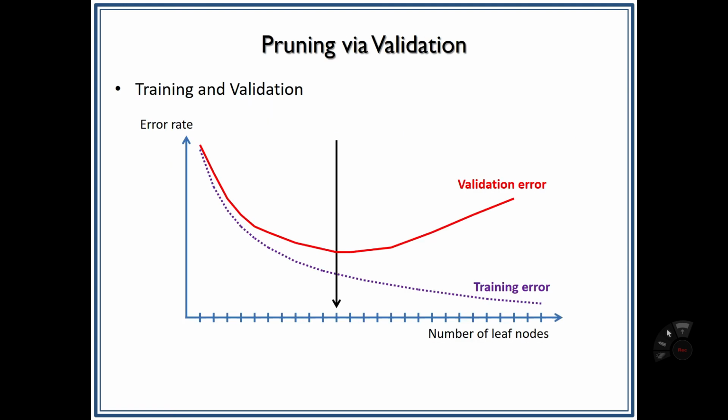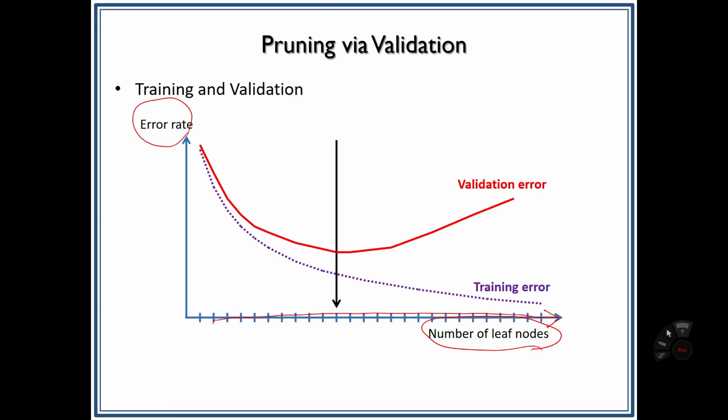So now let's take a look at this graph. This x-axis is the complexity of the tree, which means the number of leaf nodes, okay? And the y-axis is error rate.